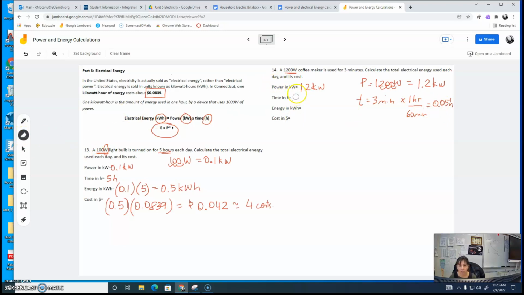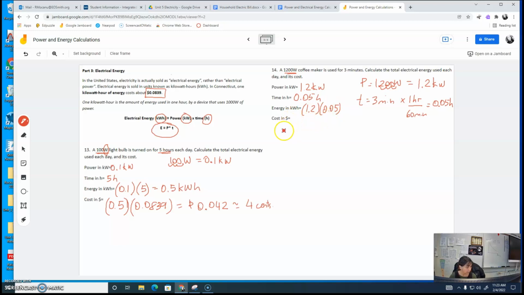So now I'm in good shape to use my time right here and say, okay, my time is 0.05 hours. Energy in kilowatt hour. Now I can use my equation. Energy equals power times time. I have 1.2 kilowatts for power. I've got 0.05 hours for my time.